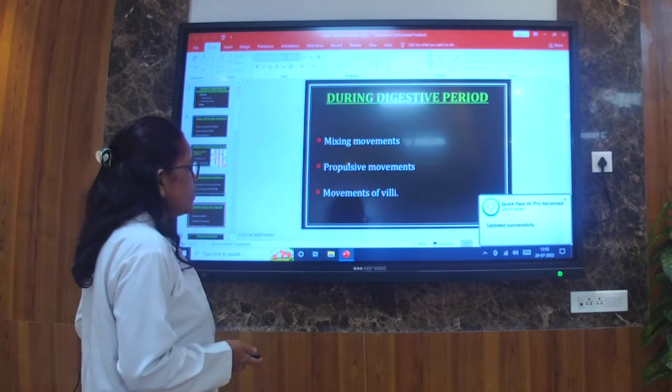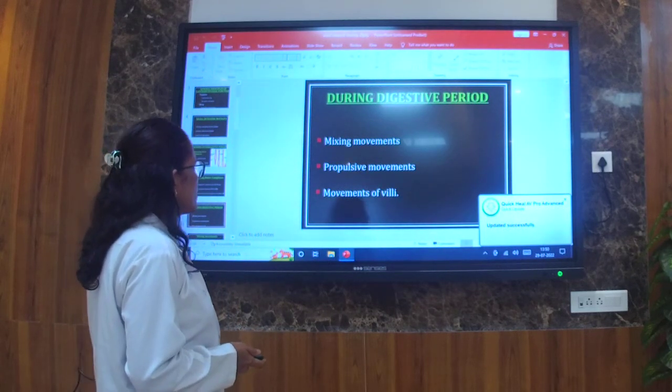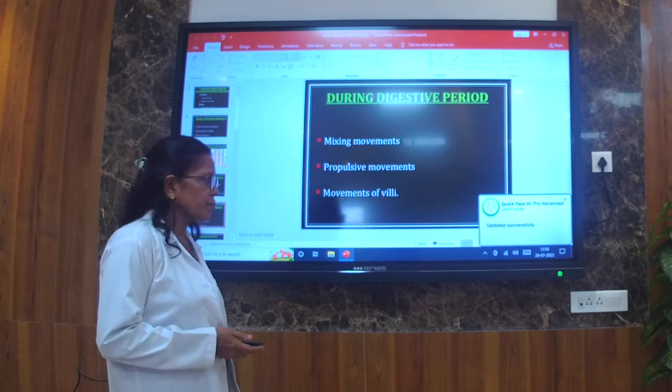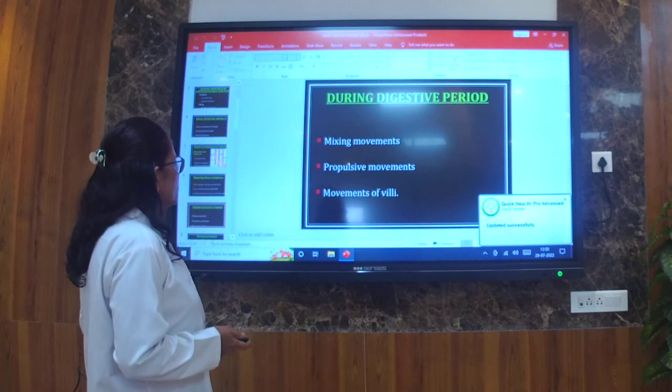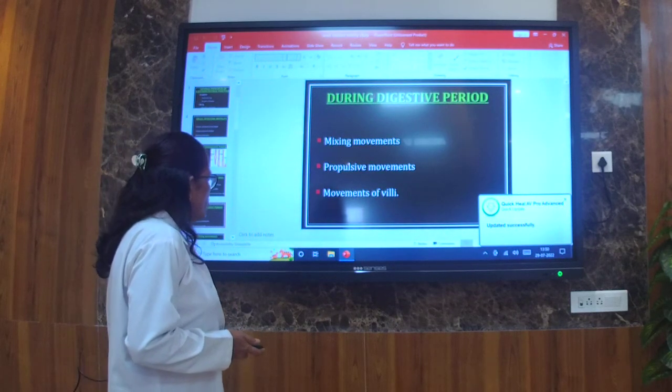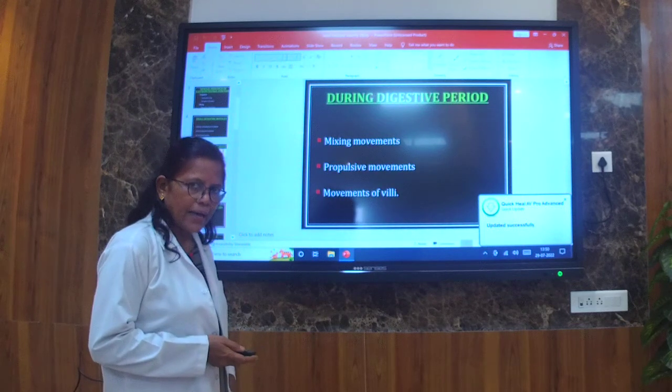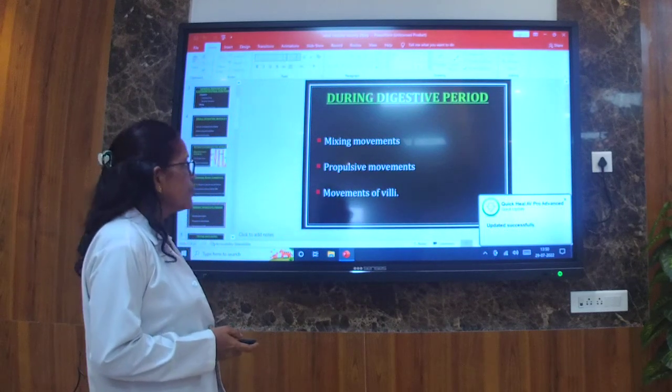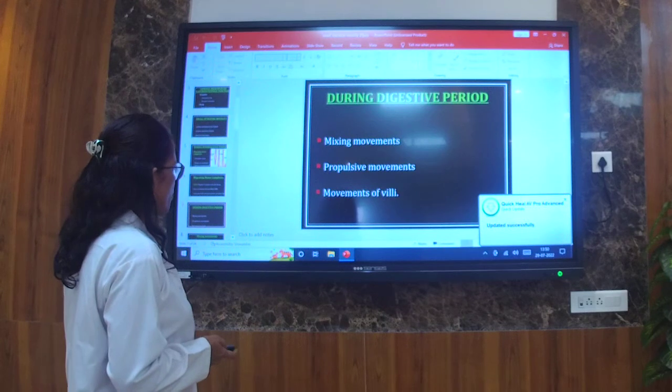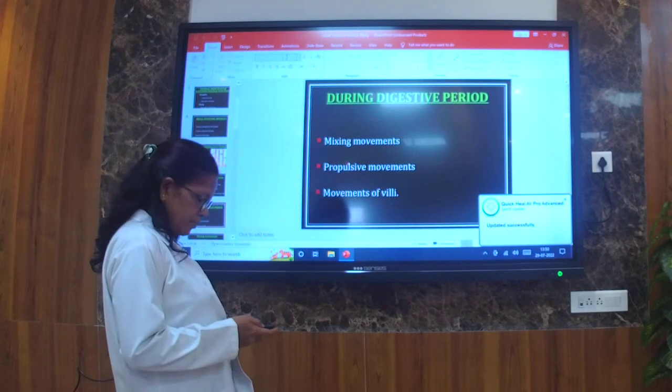Then which movements take place during the digestive period? They include mixing movement, propulsive movement and movements of the villi.